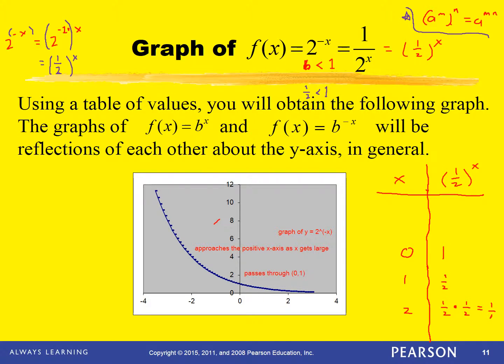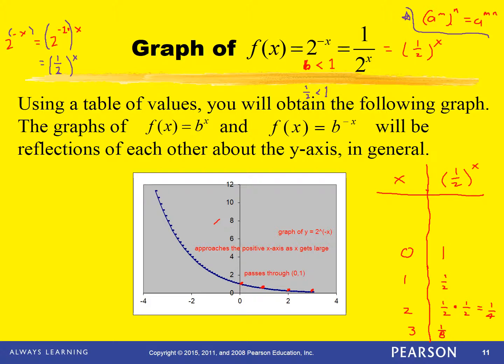Of course, they all go through 0, 1, but for x equal to 1, now you've got the first power of 1/2, and for x equal to 2, now you've got the square of 1/2, which is half of a half.